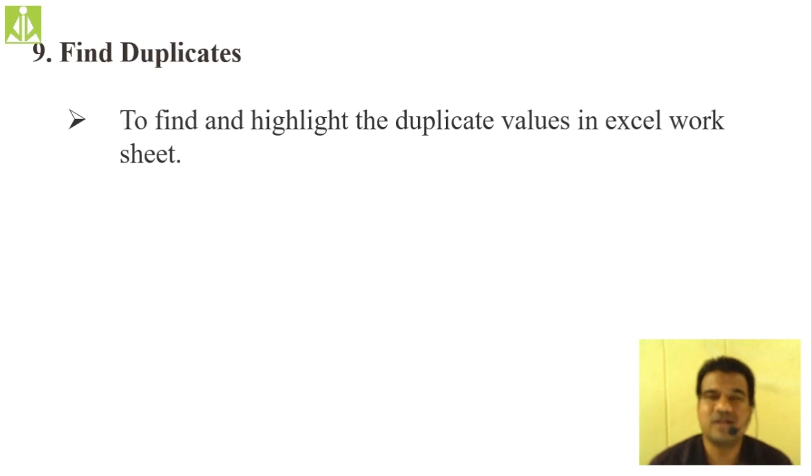To avoid that redundancy, we apply this find duplicates feature. It will simply highlight the redundant cells for you. Based on that highlighting, we will select the redundant cell and delete it. In that sense, we can make our Excel document duplicate free.